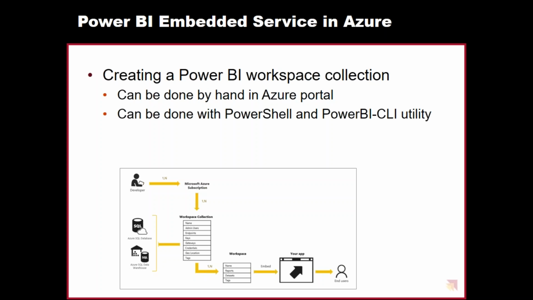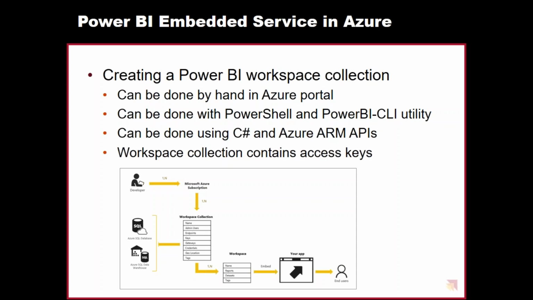Now there's one more utility I'm about to bring into the picture, which is called the PowerBI-CLI. And that's the thing that we're going to need to actually create the workspaces inside there. Later, I'm going to show you how you can do the same thing with C# and some of the NuGet packages for the PowerBI APIs that we can use in a C# application.